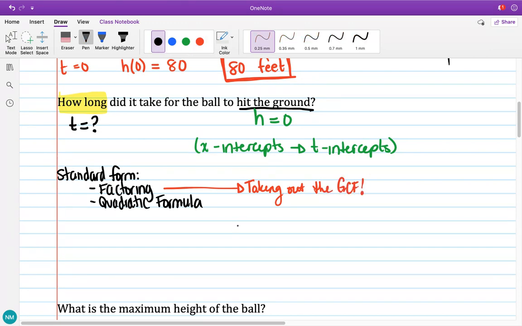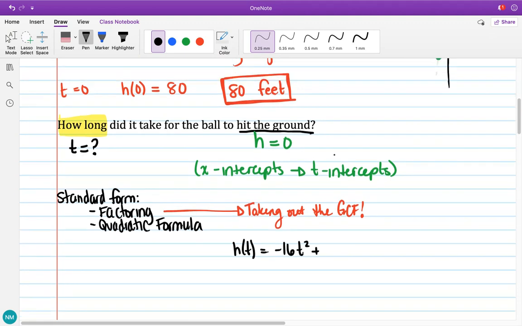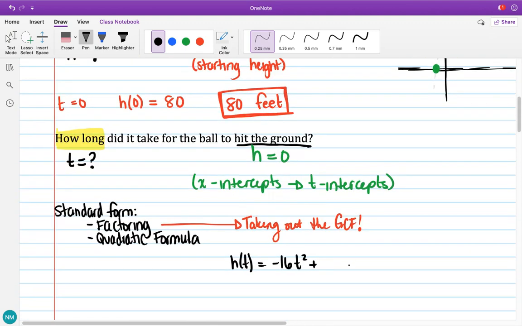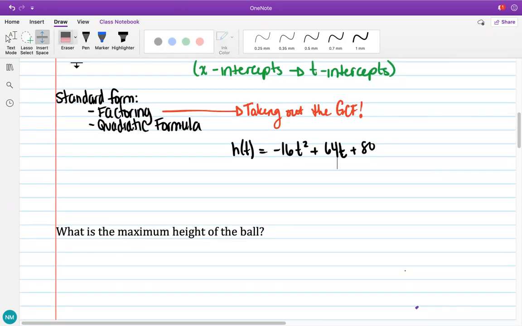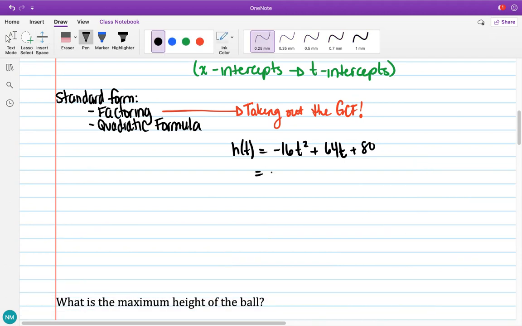So I have h of t is equal to negative 16t squared plus 64t plus 80. The first thing I'm going to do is take out my GCF of negative 16. And I get t squared minus 4t minus 5, because 80 divided by negative 16 is negative 5.